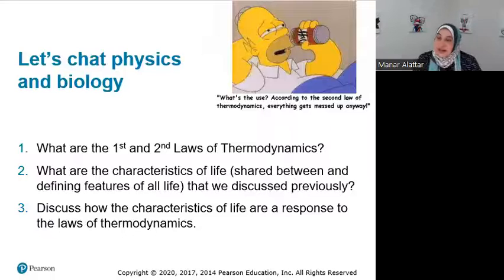The second law of thermodynamics is the law of entropy, that all systems are moving naturally towards a more stable state. But as we know anecdotally, more stable states tend to be more chaotic, right?